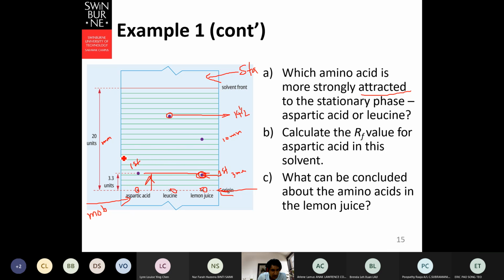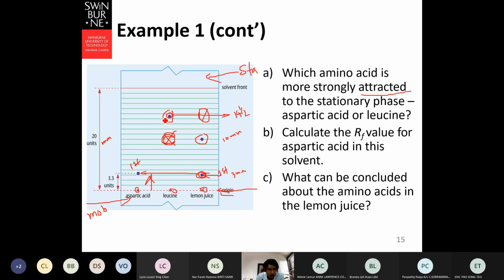So I conclude that in our lemon juice, we have aspartic acid because we get the same retention time, and we know they are similar types of amino acid. But we do not have leucine in our lemon juice, because there is no mark around the leucine position.